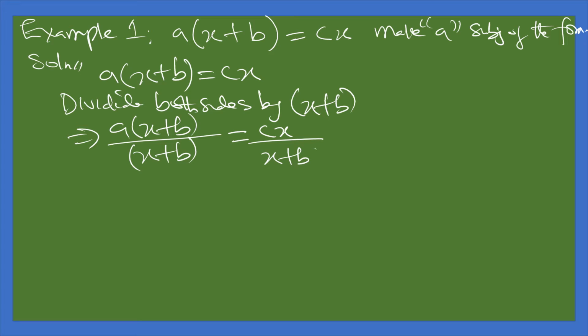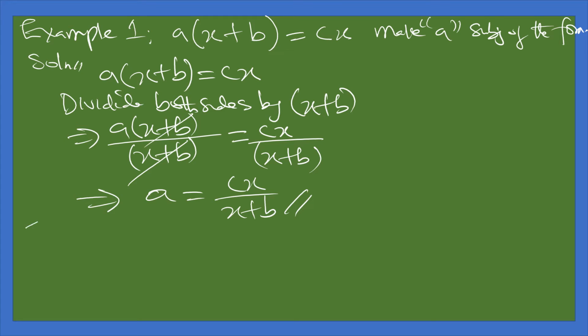Okay, now these two will cancel each other, thereby making our a equal to cx over x plus b. So this is the final answer. Very easy. Okay, let's take another example. Example 2.